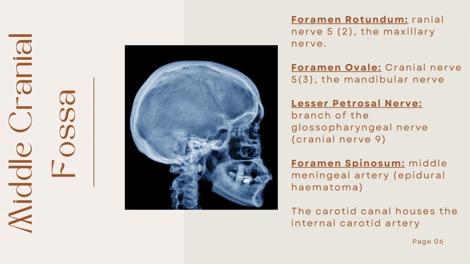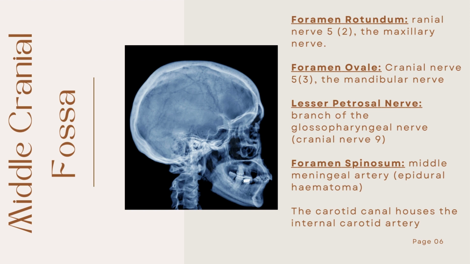The middle fossa also contains the foramen spinosum, which is where the middle meningeal artery passes through, and this is clinically significant because it's often the artery that is involved in epidural hematomas. That's because it's at the pterion, and the pterion is essentially the weakest part of the skull, and it's where 4 bones of the skull meet.